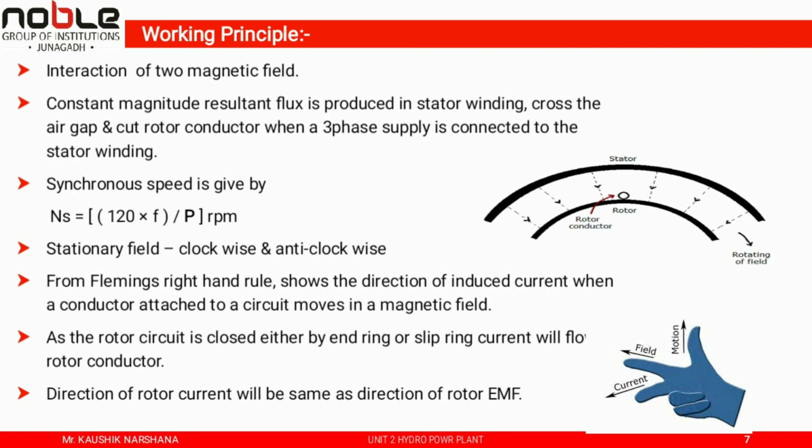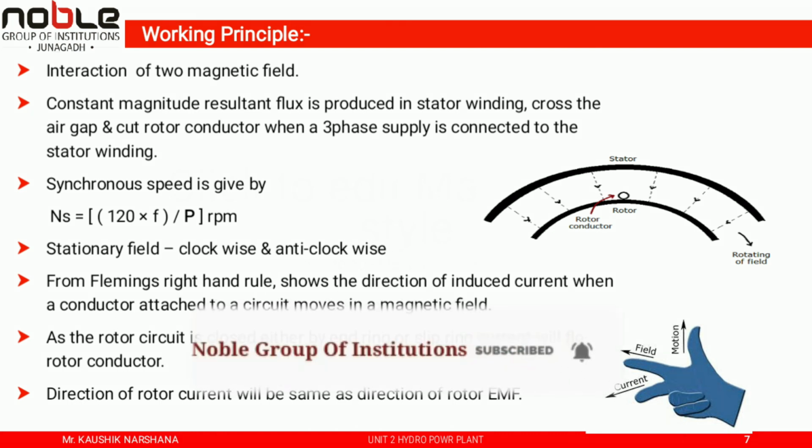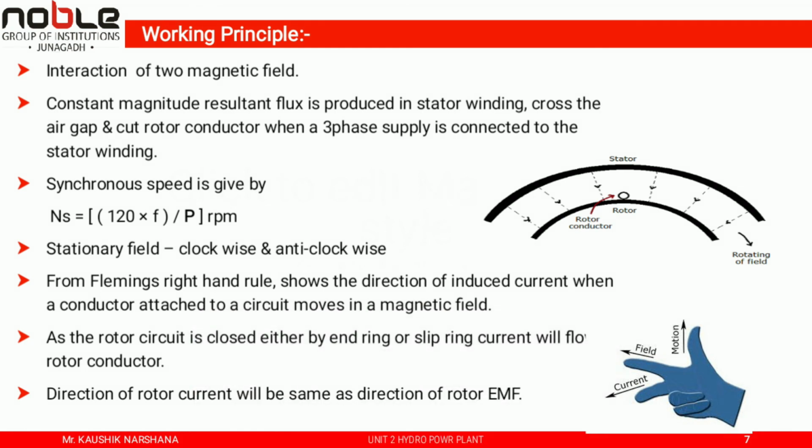So the direction of the rotor current will be the same as the direction of the rotor EMF. This is shown by the hand. The current in the rotor conductor produces its own magnetic field according to the thumb rule, right? And the rotor magnetic field produced in the rotor circuit is due to induction, and this flux will interact with the main flux.